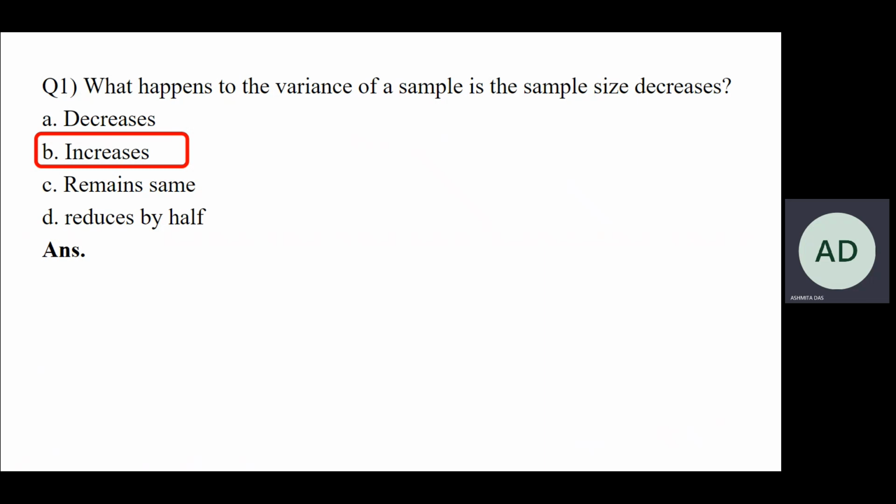Suppose there are 50 points, for those 50 points the variation might be 0.2. But if the points decrease to 10, then the variation will be comparatively more. And mathematically, it's solved that sigma is inversely proportional to the sample size.